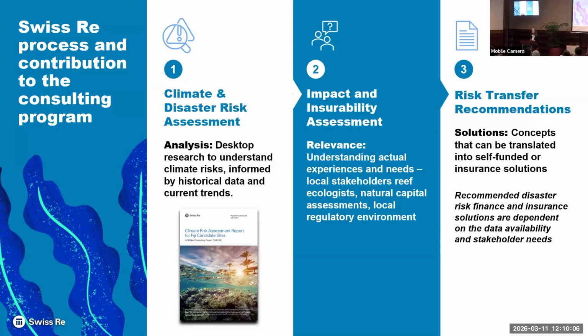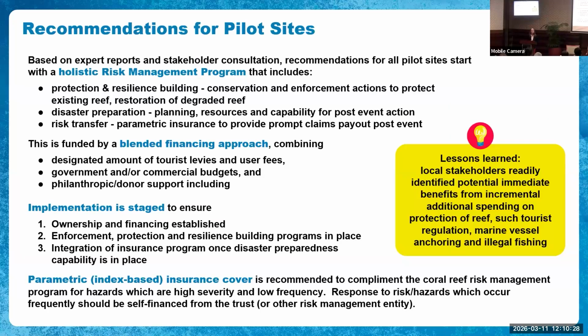This fed also on the cost-benefit analysis from James Spurgeon. Then we also considered risk transfer recommendations. These are not just insurance related. It's important to note that there's other ways to transfer risk. I think there were guarantees, for instance, mentioned this morning, but to talk about those financing pieces next.